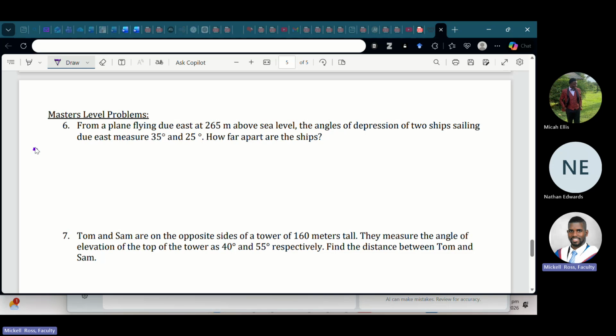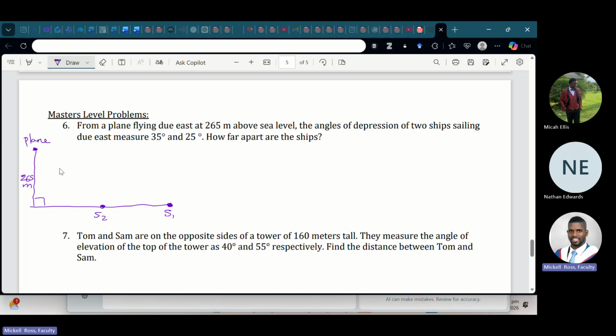We're going to say that this is a plane, altitude, and these are the two ships. We're going to call this ship 1 and ship 2. 90 degrees, distance is 265 meters.